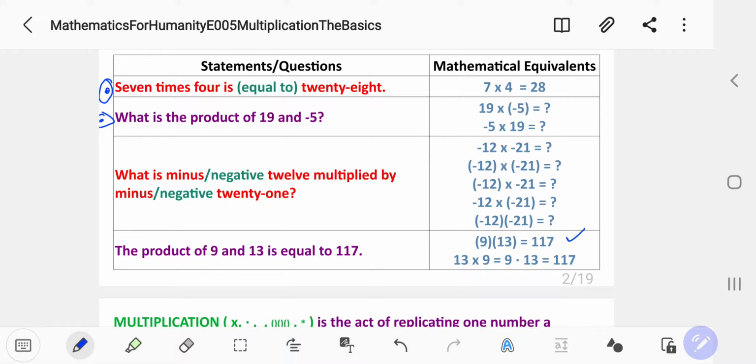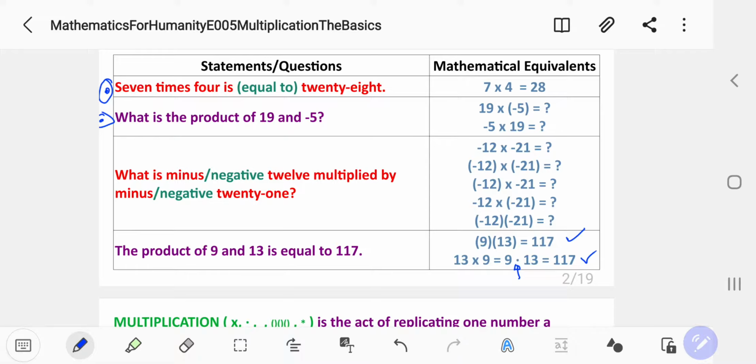Or because you say it's a product, you can put 9 and 13 in any order. So you can say that 13 times 9. This is a different symbol for multiplication, a dot at the center. So that's still equal to 117.